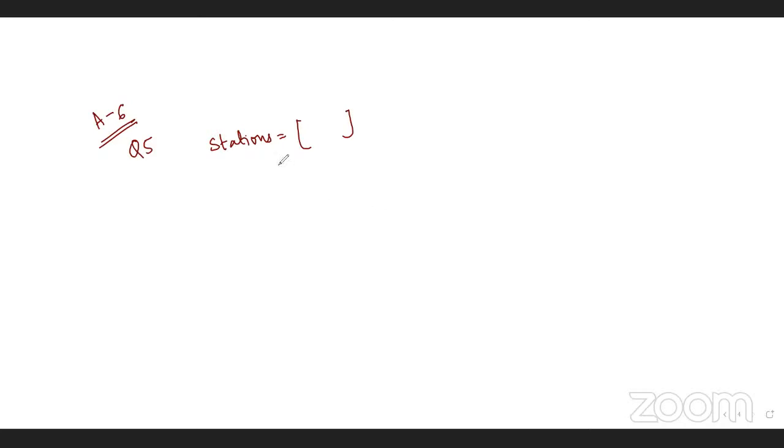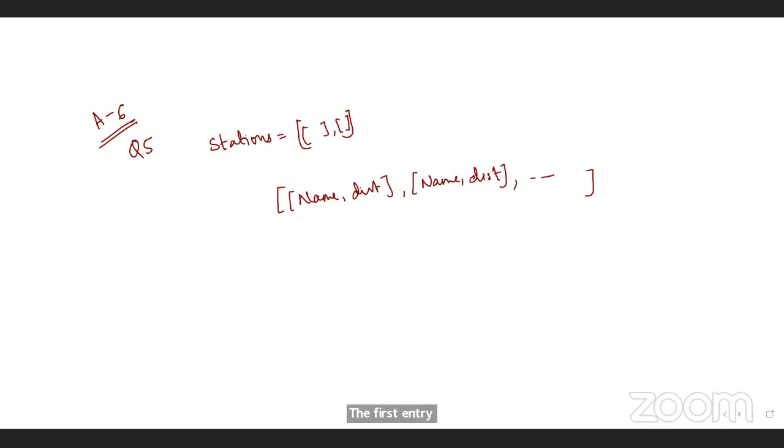So this is a nested list, correct? So each one has name and distance. The first entry is the name of the station, while the second entry is the distance of this station from the first station in the list.